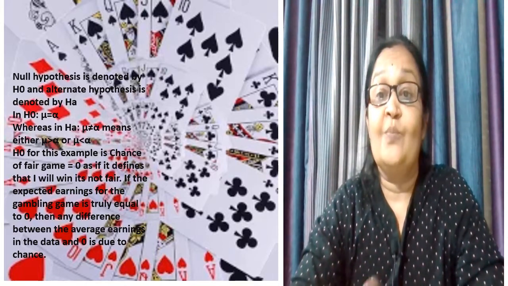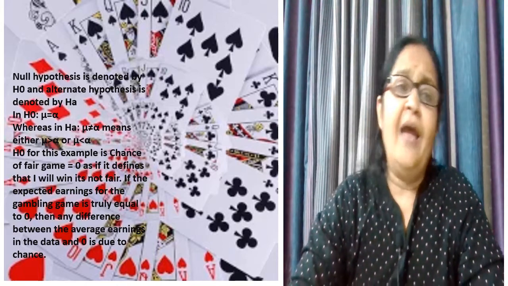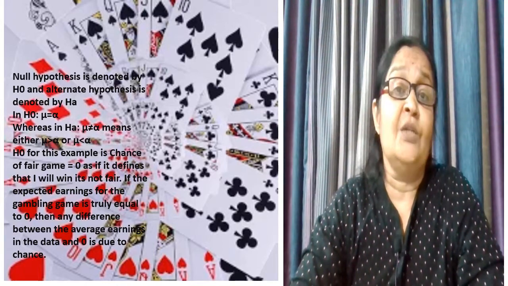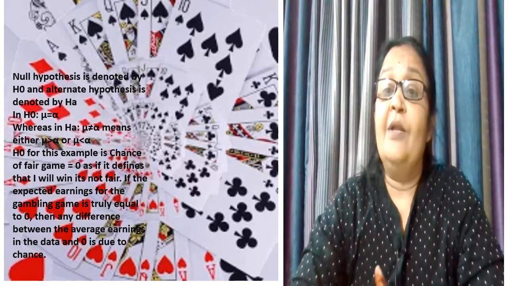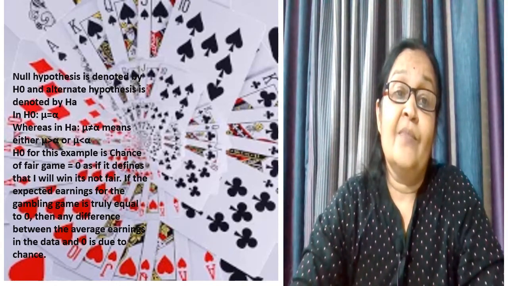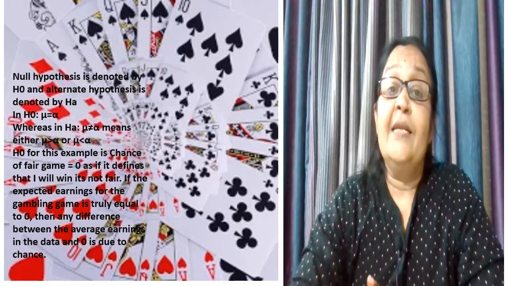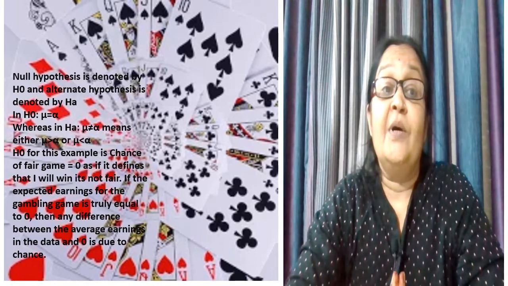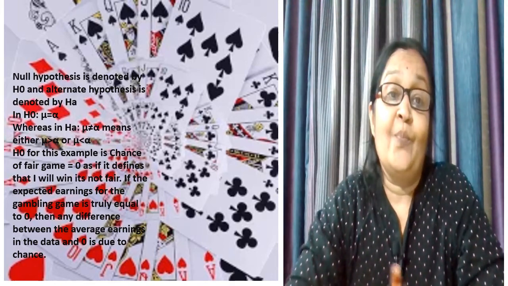If the average earning from the sample data is sufficiently far from 0, then the gambler will reject the null hypothesis and conclude the alternative hypothesis, namely that expected earnings per play is different from 0.